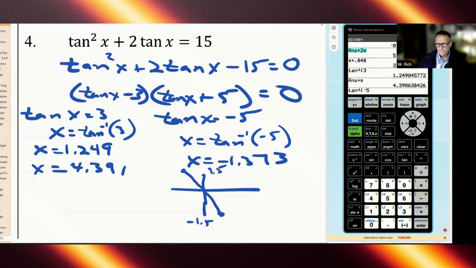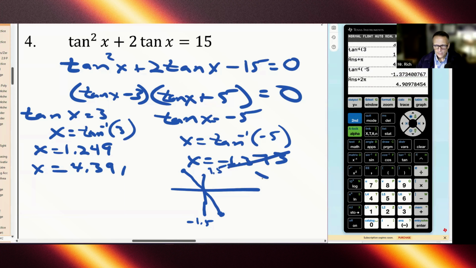Okay. Yeah. So to find the coterminal angle, we are going to have to add 2 pi. So let's take that answer plus 2 pi to get the coterminal. So 4.9. So we're going to call this angle, we're going to change it and say the first solution in the fourth quadrant is 4.910, rounding it to 3 decimal places.